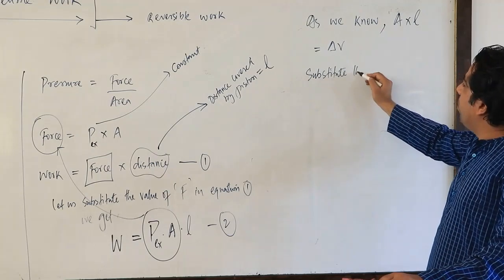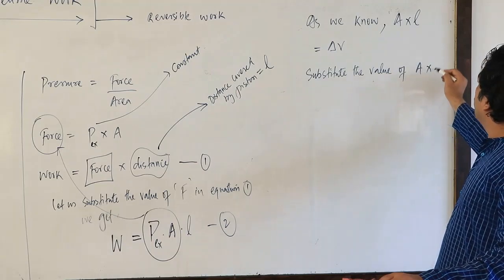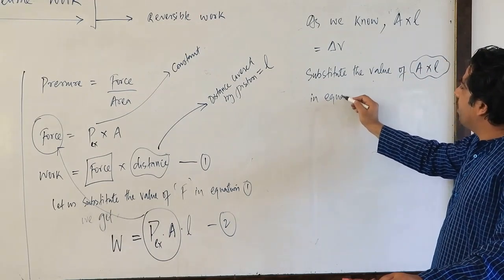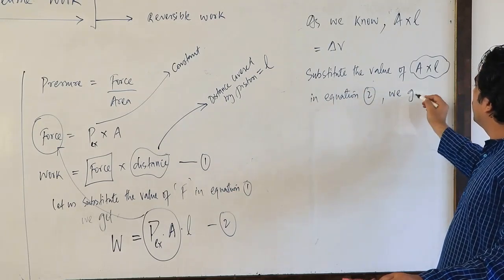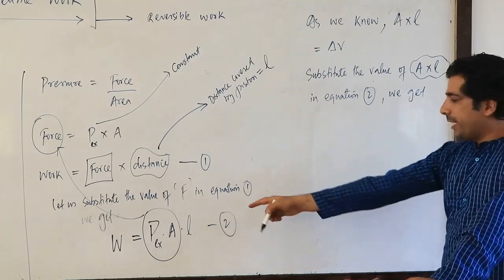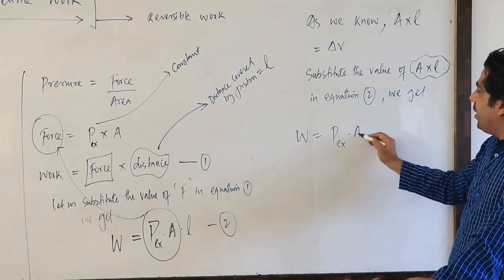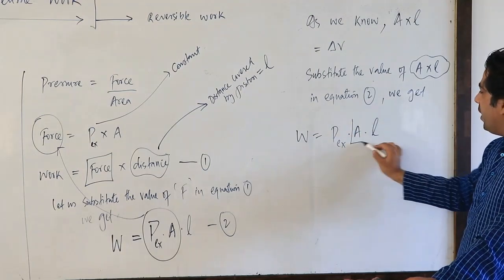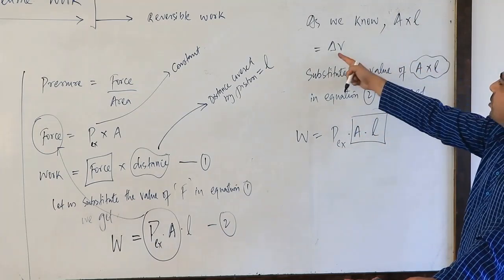Substitute the value of area into length in equation 2 we get. You know my equation 2 is here, that is W is equal to P external into area of cross section into length, and we know the value of area of cross section into length. Area of cross section into length is change in volume.